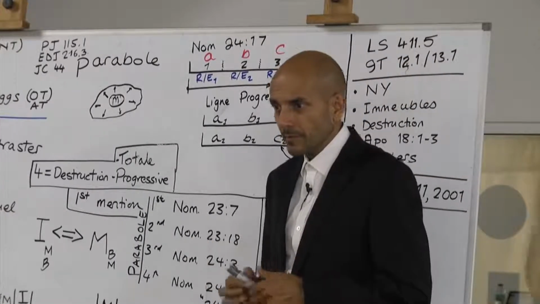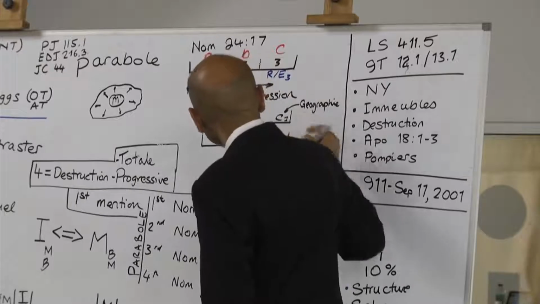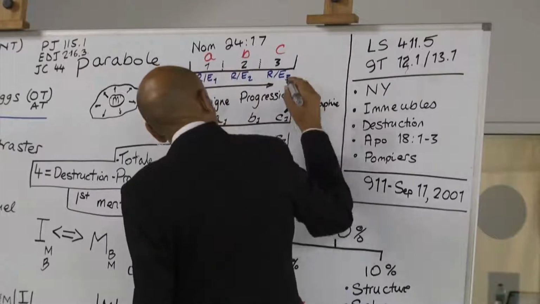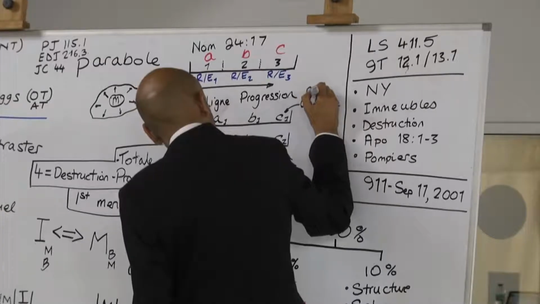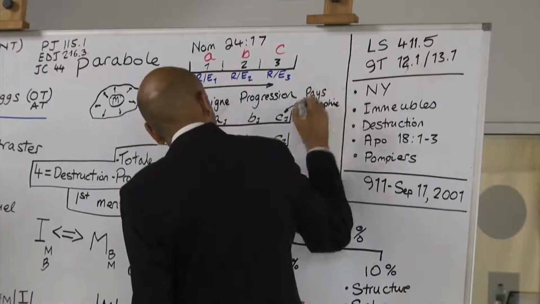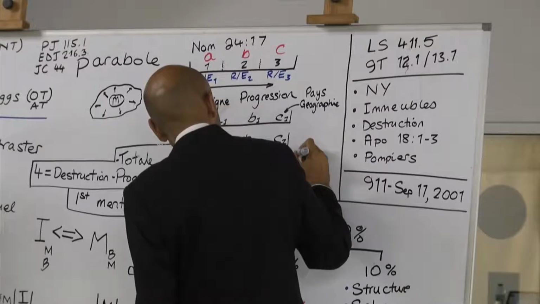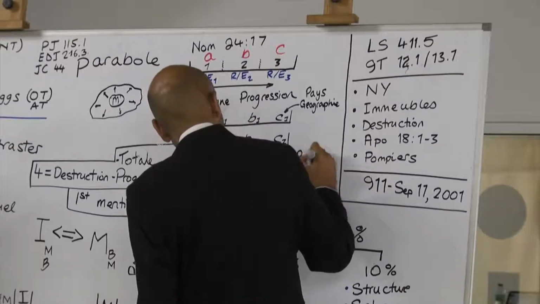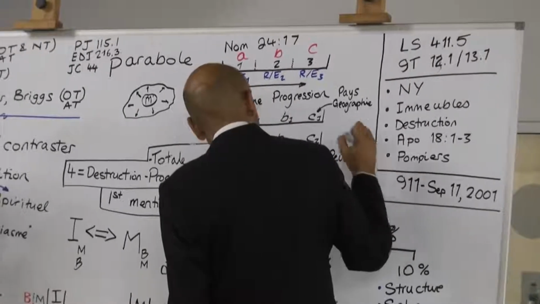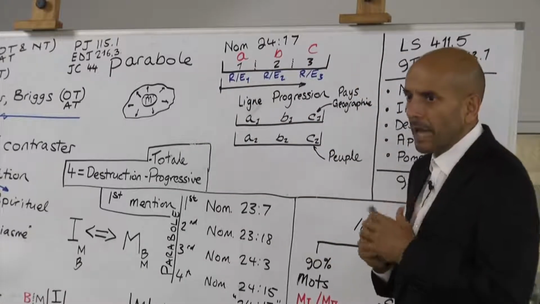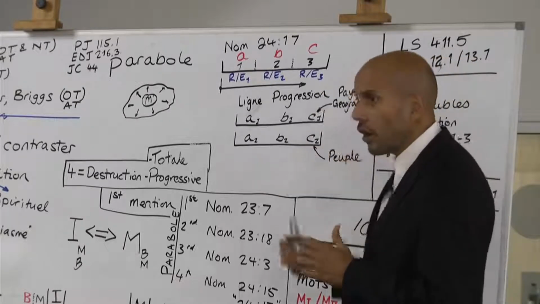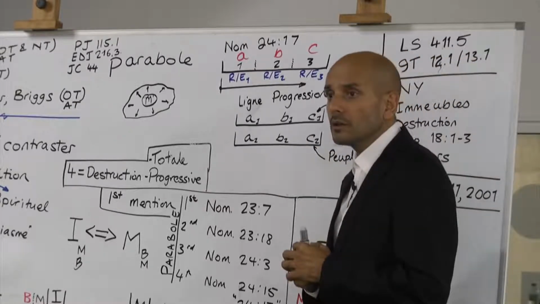So we've got geography, which I want to call land, pays, and this is the people, peuple. So the land and the people. And in this case, it's a repeat and enlarge.